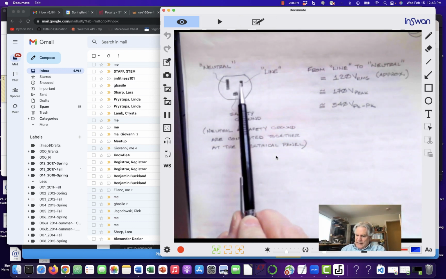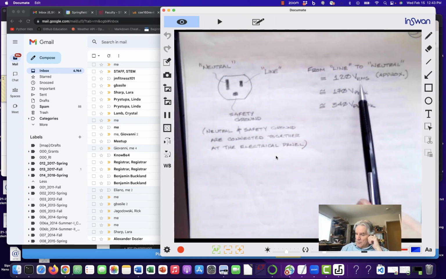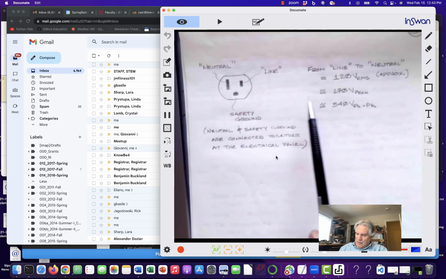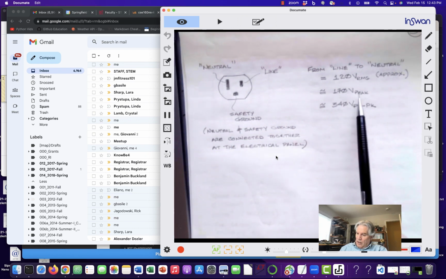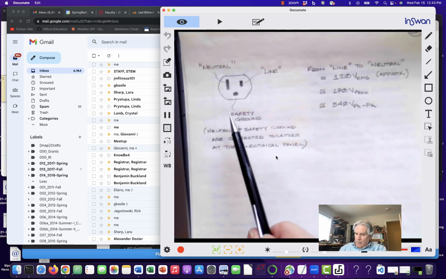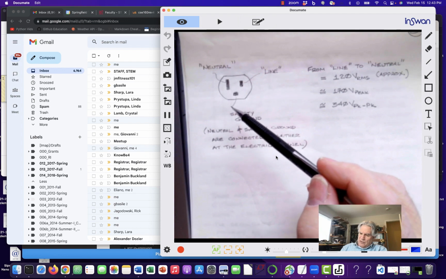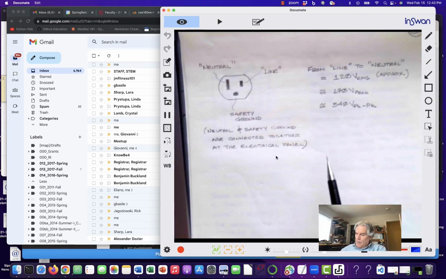So between line and neutral is 120 volts AC, RMS, okay? And from line to neutral there's 170 volts peak, and because neutral and safety are connected together, you could measure this between line and safety also, 340 volts peak to peak.